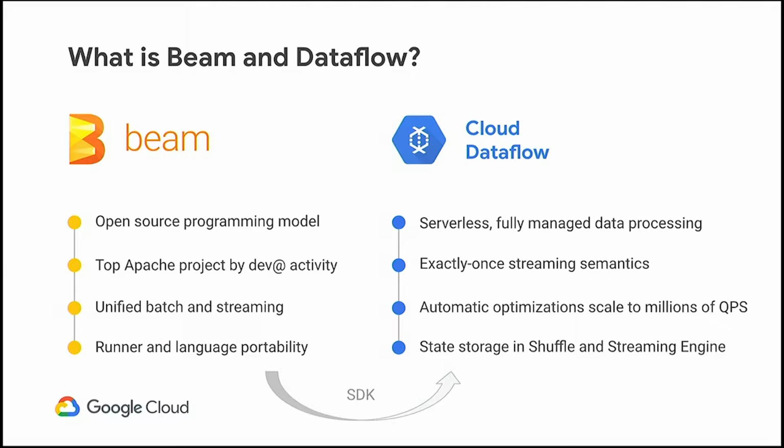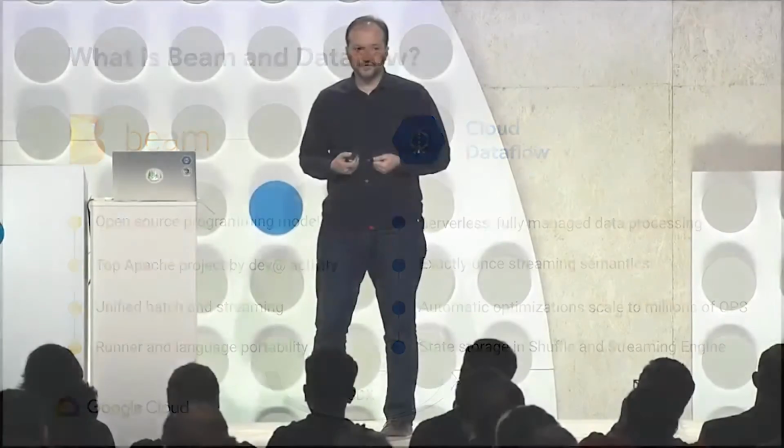And lastly, the Dataflow team has invested quite a bit of time and energy in separating state storage from compute. And this allows us to scale the different components of the pipeline at different rates. This really improves our auto-scaling behavior. I'm going to talk more about this in a second.